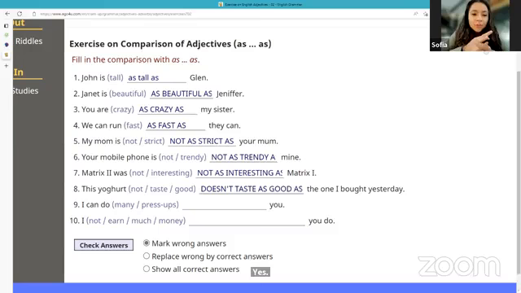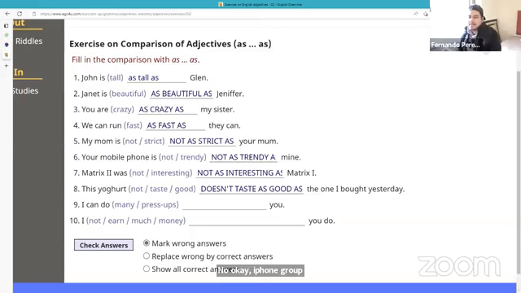I can do press ups as much as you. All right. No, as many, not much.